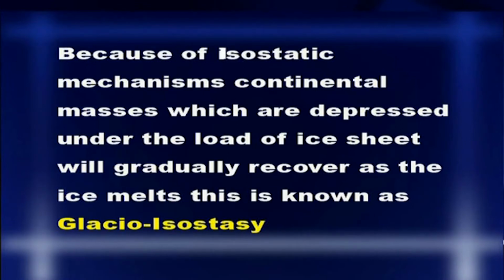This is known as Glacier Isostasy. Similarly, as a great weight of alluvial sediments accumulates at a particular point of the crust, it will slowly sink, and sinking takes place because of isostatic movements also.